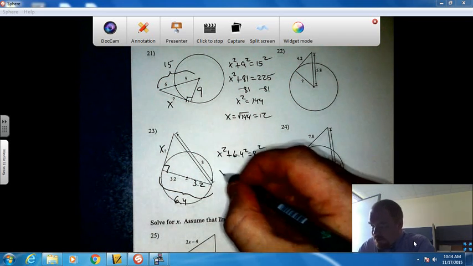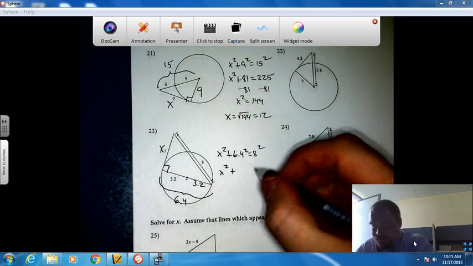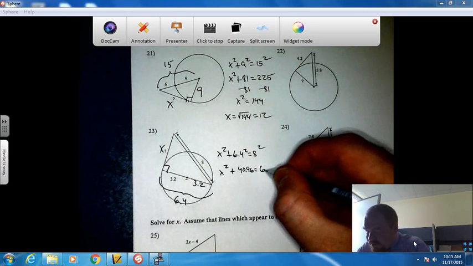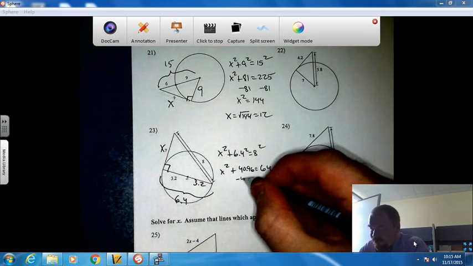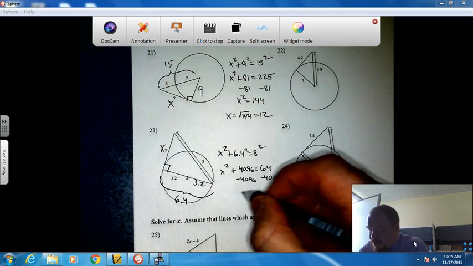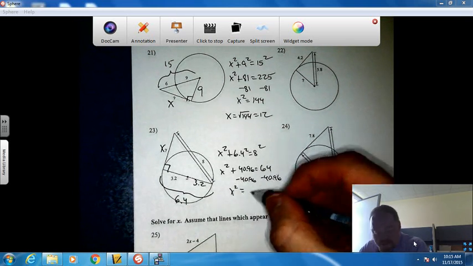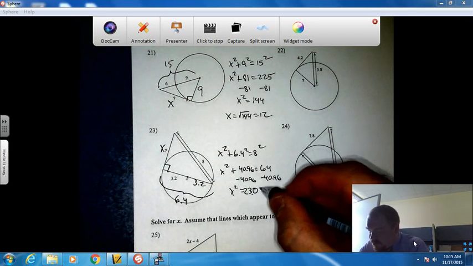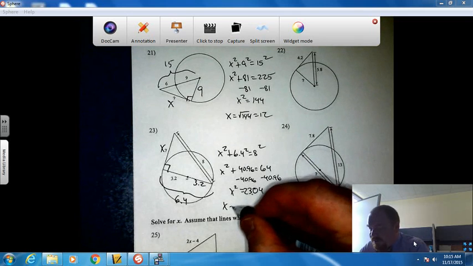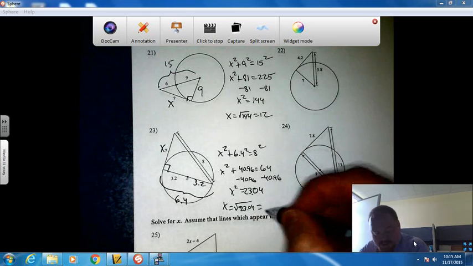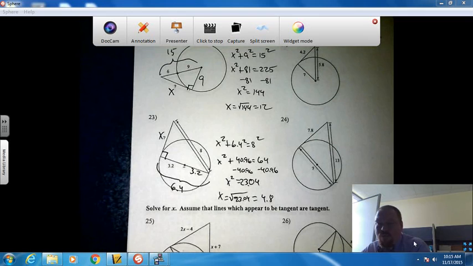So x squared plus 40.96 equals 64. If we subtract 40.96 from both sides, I get x squared equals 23.04. So x is whatever the square root of 23.04 happens to be. And in this case, it's about 4.8.